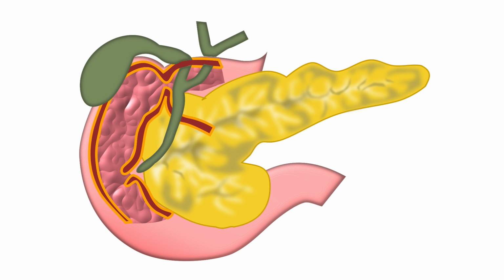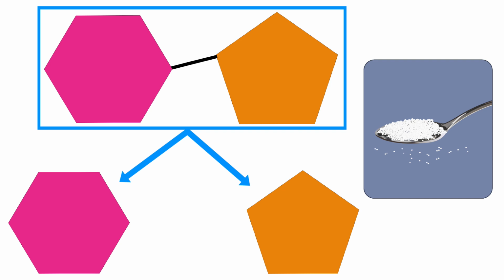The pancreas secretes amylases. They break the smaller carbohydrate chains into disaccharides. These disaccharides are broken down into monosaccharides. For example, sucrose is broken down into glucose and fructose.